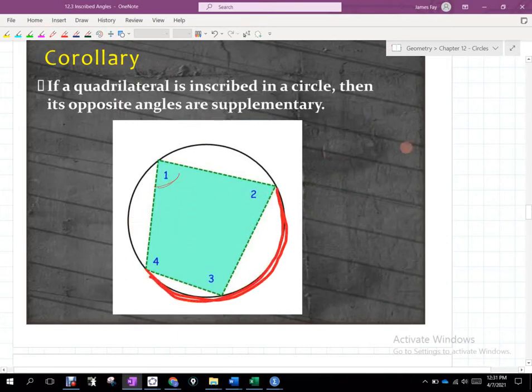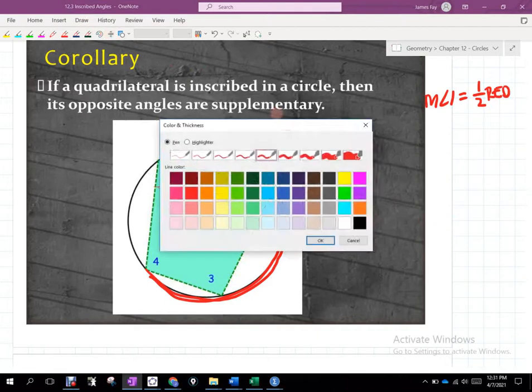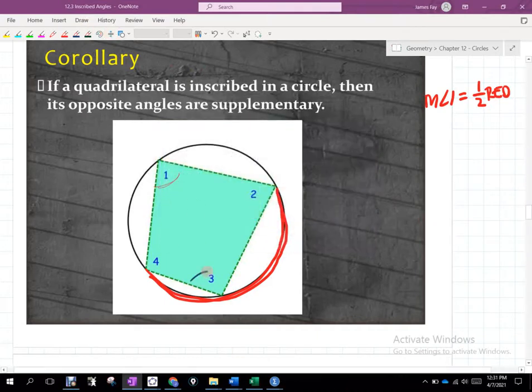So the measure of angle 1 would be 1/2 of the red, correct? If I look at angle 3, which would be opposite that, angle 3 would be 1/2 the blue, right?